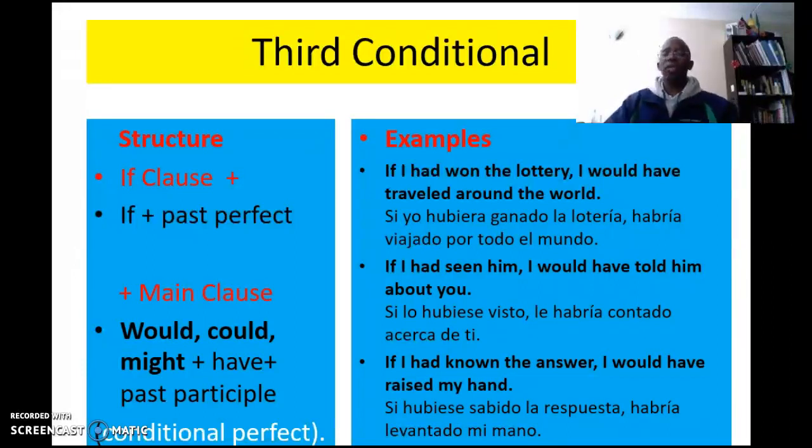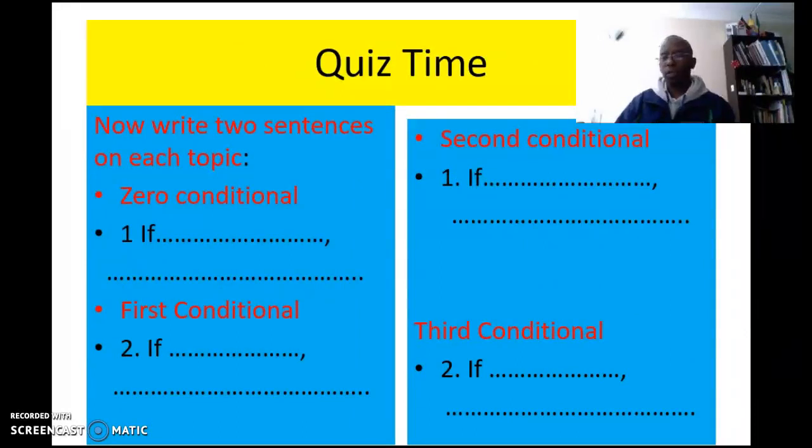That's why we say, if I had known the answer, I would have raised my hand. Because I did not know the answer, I kept quiet. Therefore, we say that it's also a hypothetical situation, and by conclusion, the second and the third conditionals will never be true.